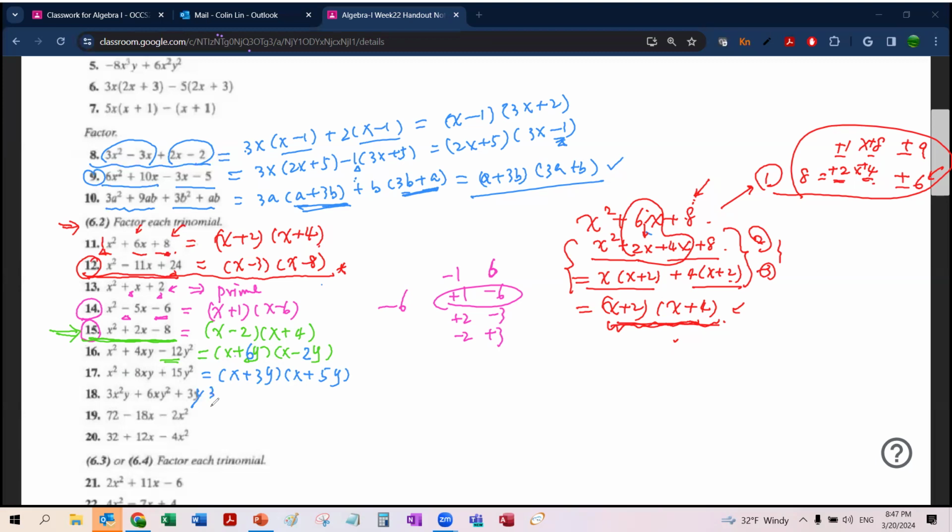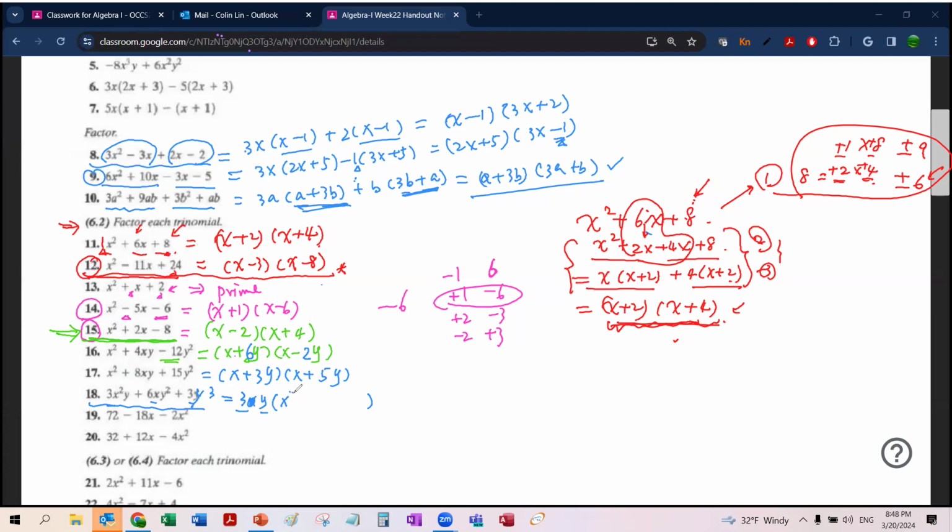All right, let me do this one here. Here it is cubic. So like this part, 3, 6, 3, they definitely have a common factor, right? We take 3 out. With x squared y, x y squared, y cubed, we take y out. We cannot take x out, only one y out.